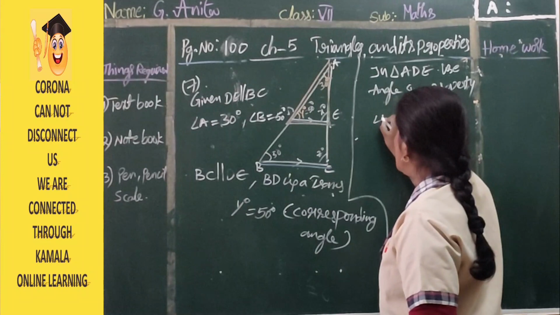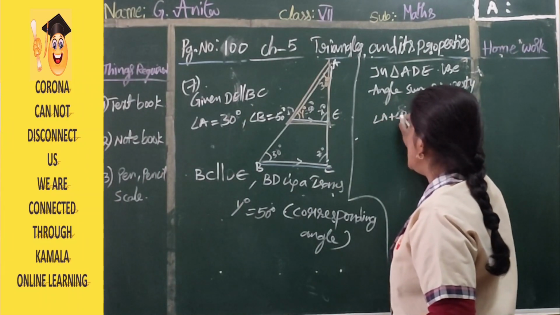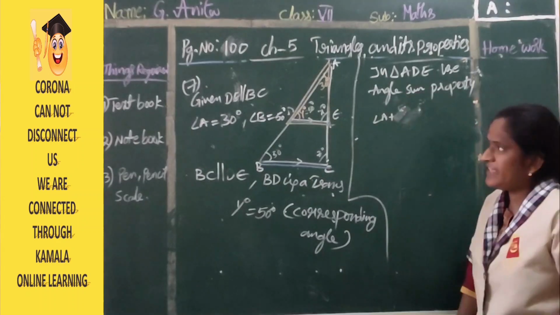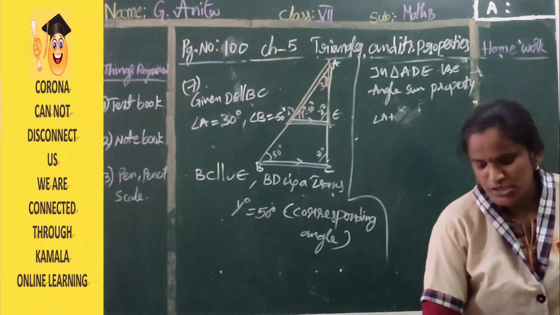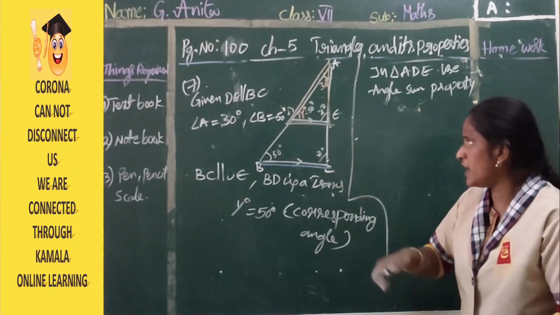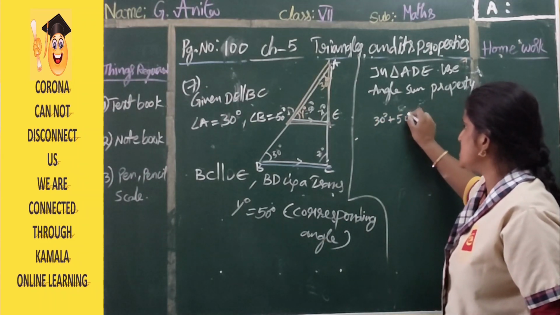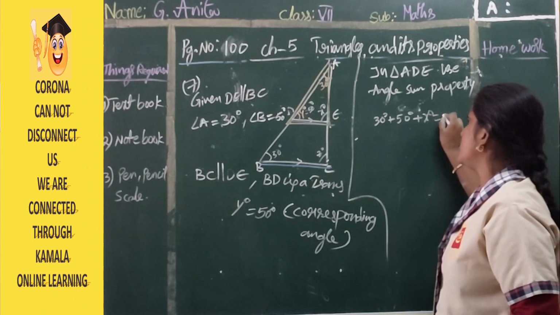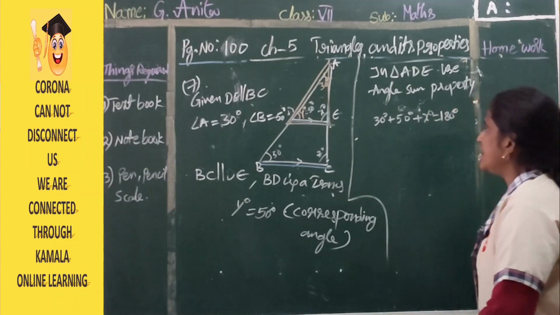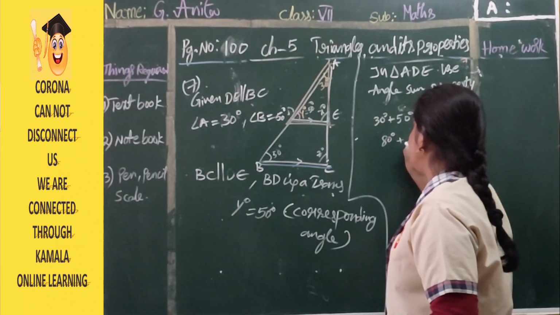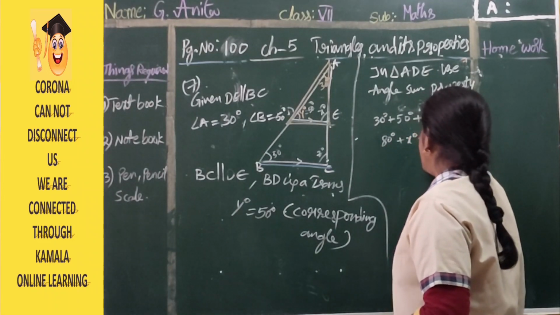So angle A plus angle D plus angle E. Directly don't write angle A, D, E. They are given values, you have to mention the values. Okay. So 30 degrees plus 50 degrees plus x degree should be equal to 180 degrees. So 30 plus 50 is nothing but 80 degrees, plus x degree, 180 degrees.